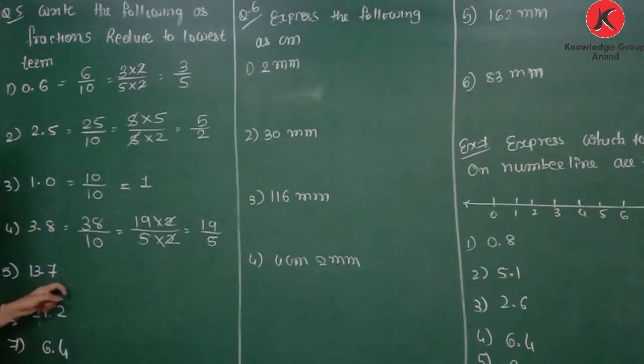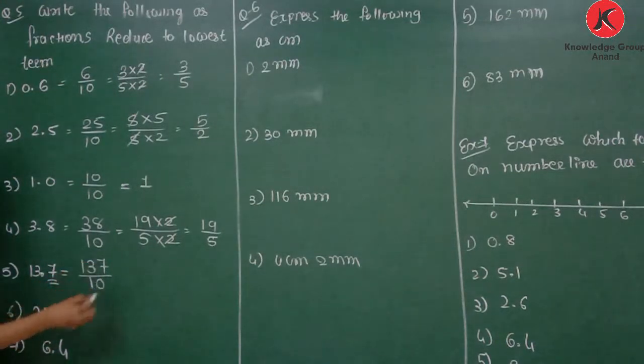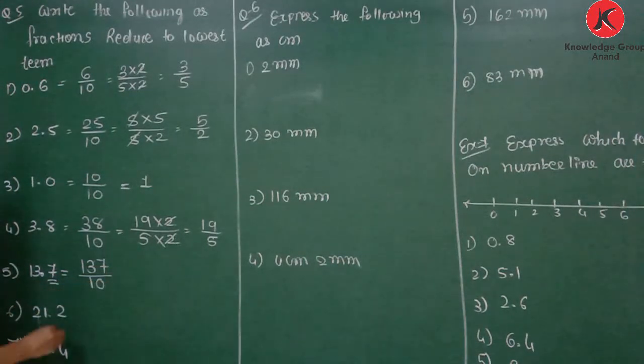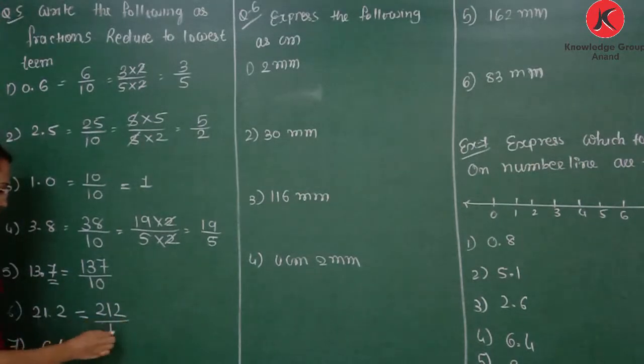Now 13.7. So 13.7 can be written as 137 by 10, because after the decimal there is one digit, so it is 10 in the denominator. Now there is no common factor between 137 and 10, so this is the simplest form, or you can say lowest term. Now 21.2 can be written as 212 divided by 10.